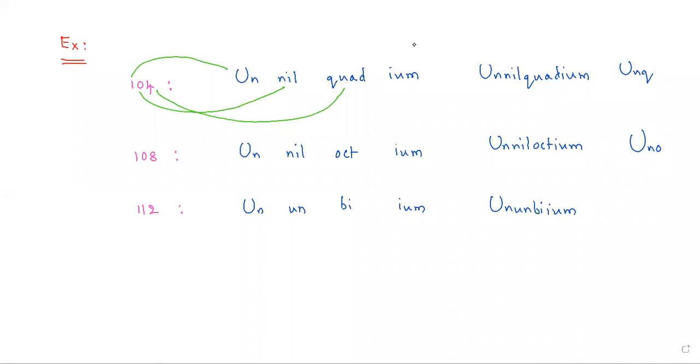But here you can just omit one i. So what do you write? Ununbium. It's not bi ium, it's bium. So the symbol of this can be given as Uub, un un bium.